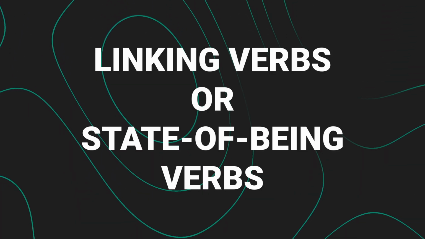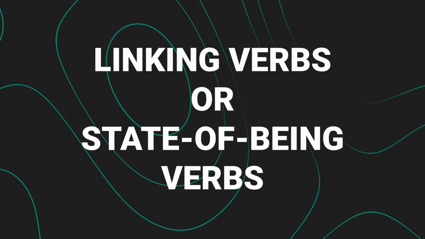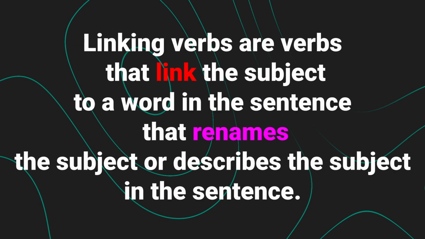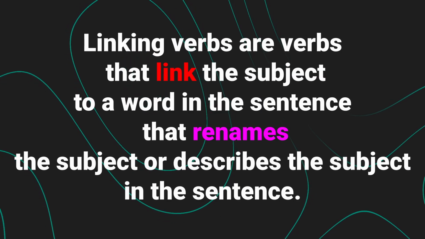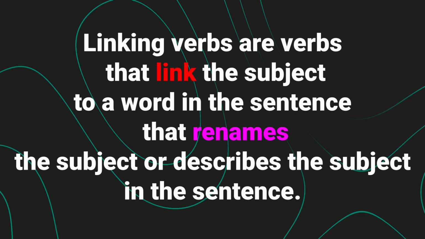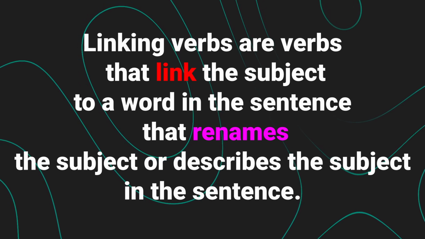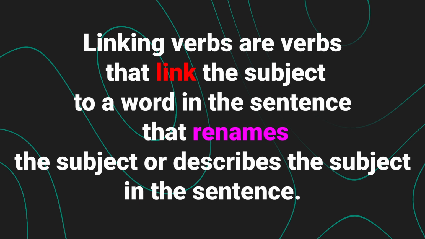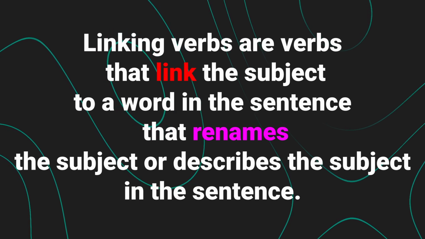Second, we have linking verbs, often referred to as state of being verbs. Linking verbs are verbs that link the subject to a word in the sentence that renames the subject or describes the subject of the sentence.